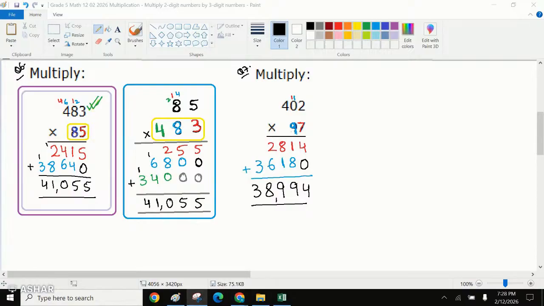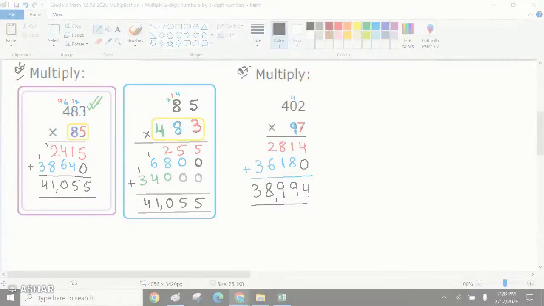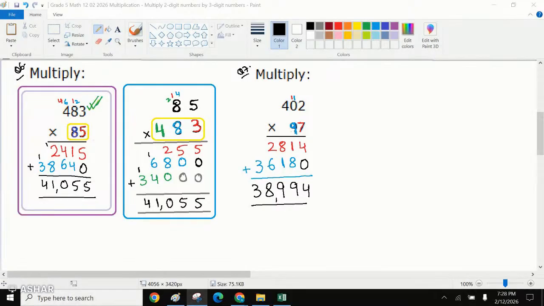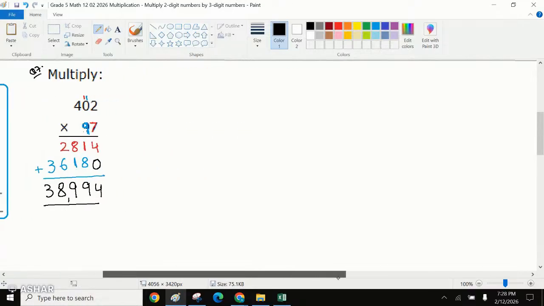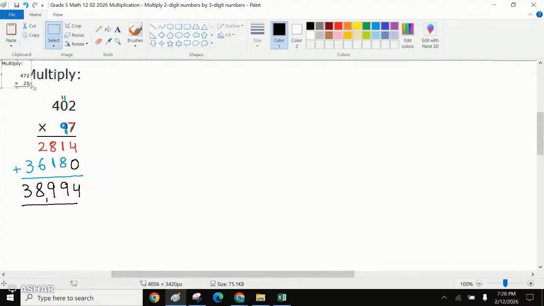Okay, for the next question, it says multiply 472 by 21. Question number 8. 472 is to be multiplied by 21.